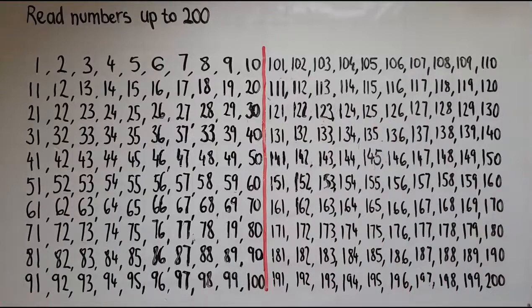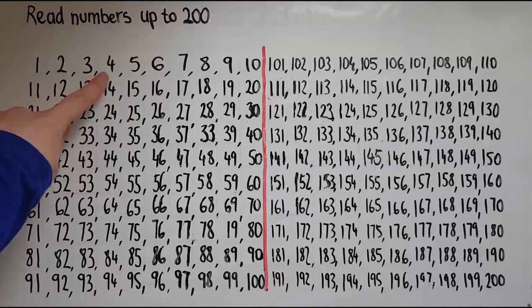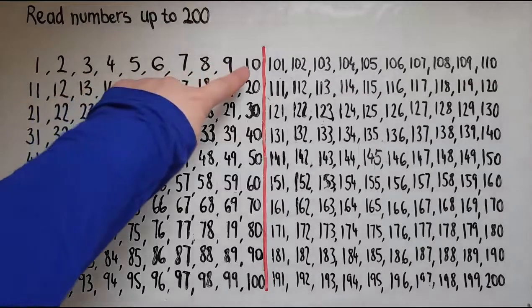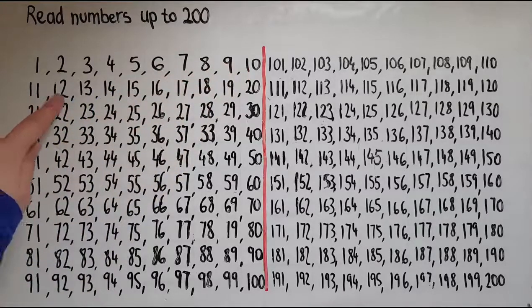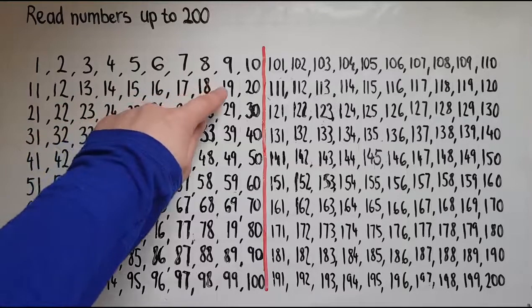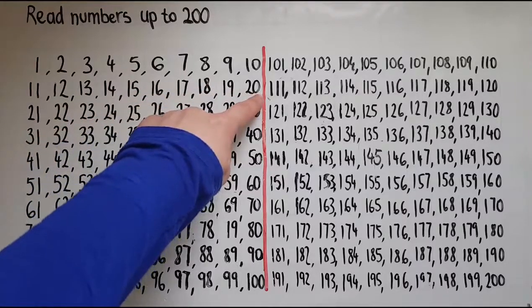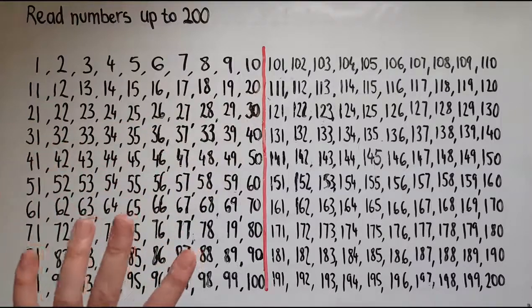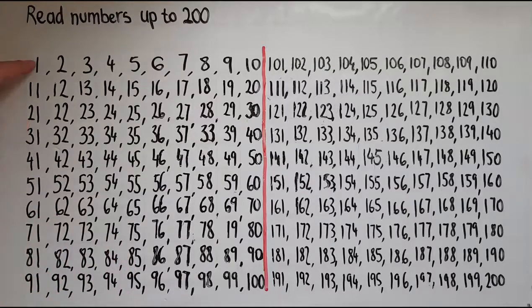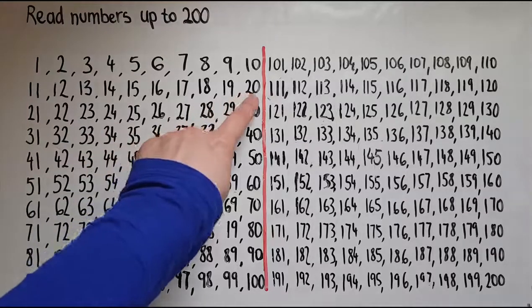I'll read these out to you. 1, 2, 3, 4, 5, 6, 7, 8, 9, 10, 11, 12, 13, 14, 15, 16, 17, 18, 19, 20. Up to this point, you should be able to do these already at this level. Now moving on, we've got 21.